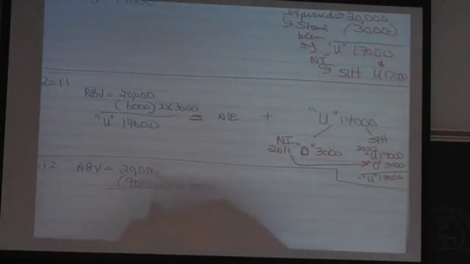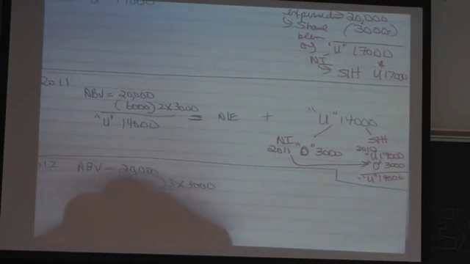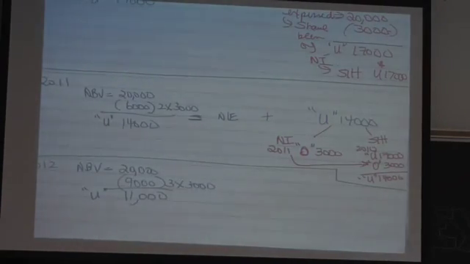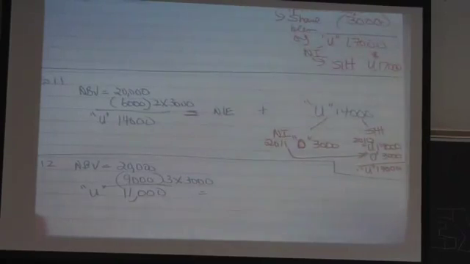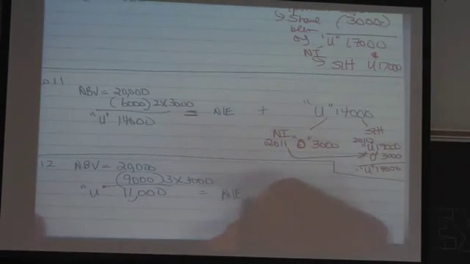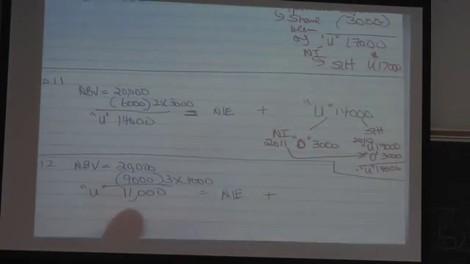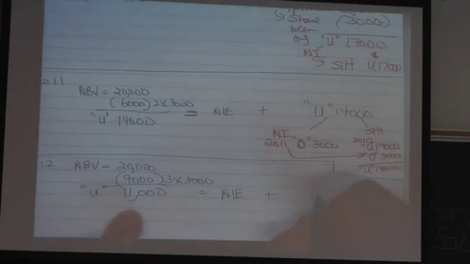So it should have been 11,000 and is understated. We know that the liability has no effect. And by virtue of the balanced equation, shareholders' equity is understated by 11,000.